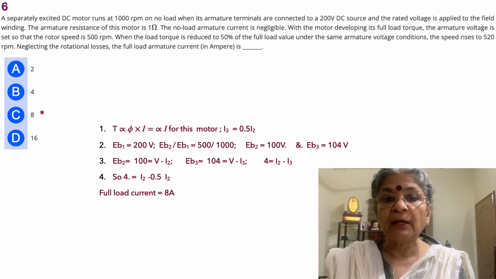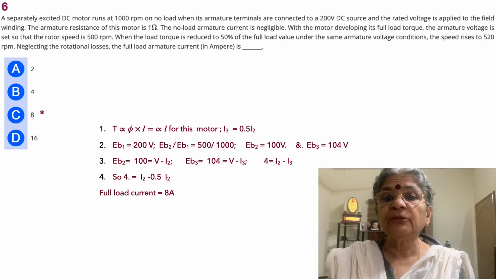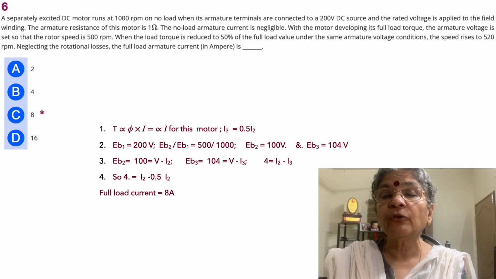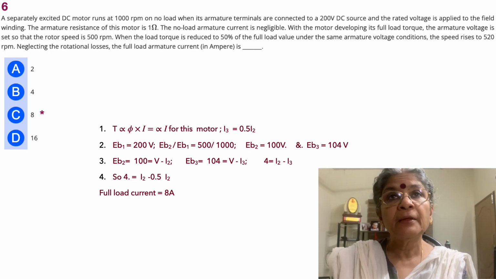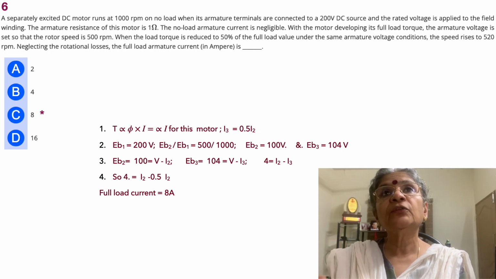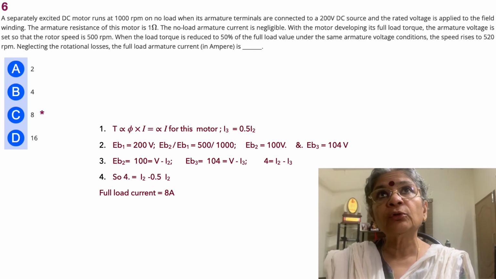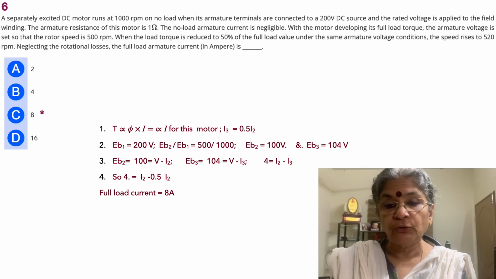How do you do that? EB2, which is 100, is equal to V, the applied voltage, minus I2 into 1, because the ohmic value of the armature resistance is 1. Similarly EB3, which is equal to 104, is equal to the same applied voltage V minus I3. And we know the relationship between I2 and I3.